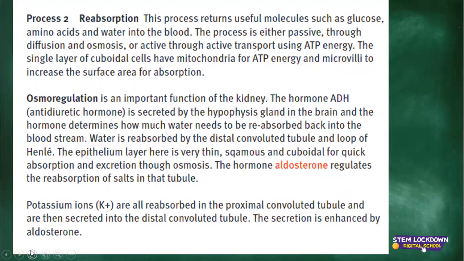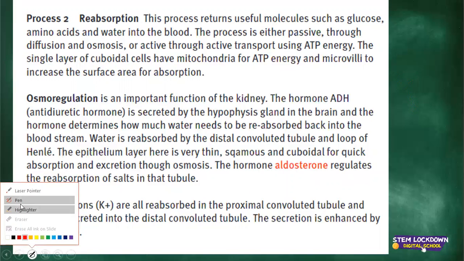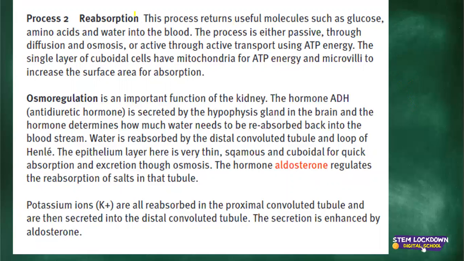Process two, it's the reabsorption. So you're done with the filtration, ultrafiltration. It's called ultrafiltration because it's still just filtering at the highest level. And then reabsorption. With reabsorption, this process retains useful molecules such as the glucose, amino acids, and water into the blood.